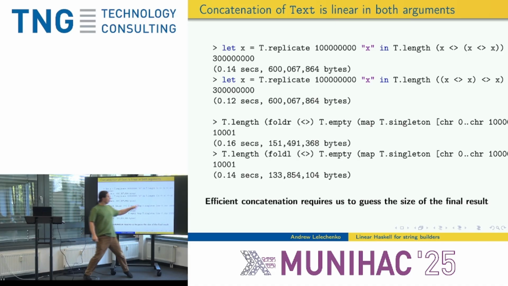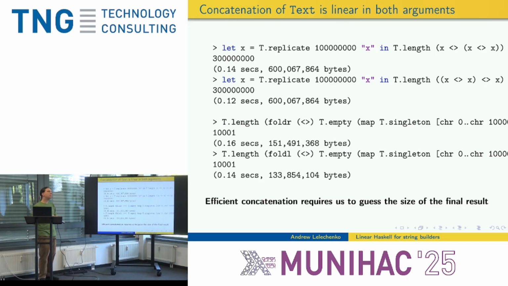Yeah, and we just copied this to the first 100 megabytes, to the second 100 megabytes, and to the end of the array, it will be perfectly efficient. But how can we guess what's the size of the final result? Like, can we have some crystal ball? Like maybe ask someone? Not sure.